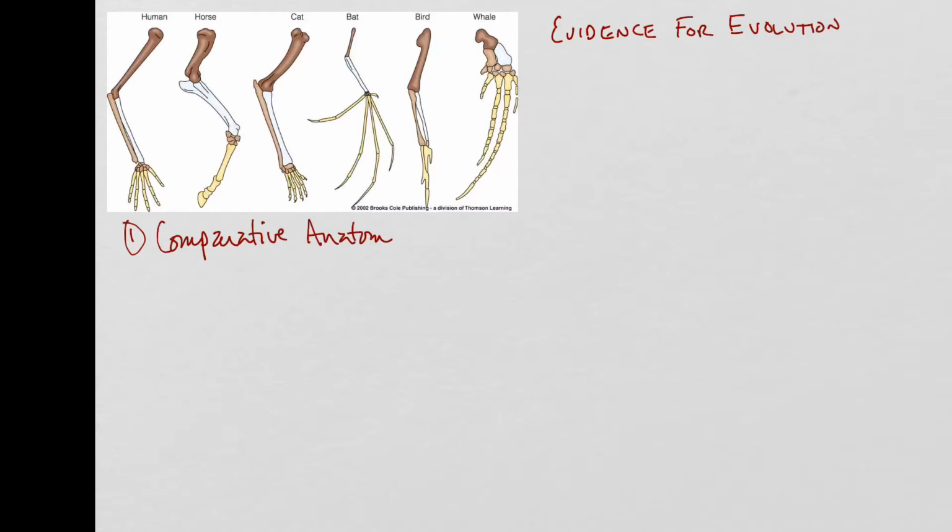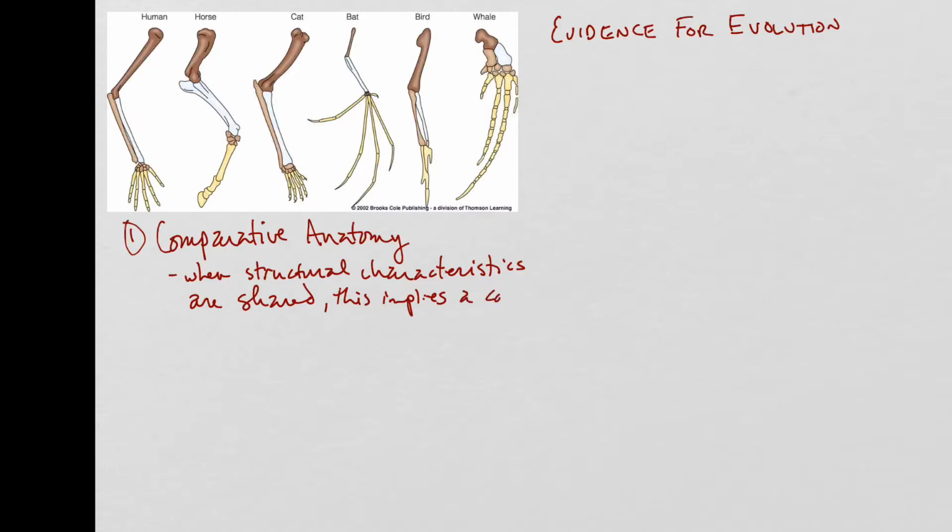And in comparative anatomy, anatomy is all about the structure of a body. When structural characteristics are shared, this implies a common ancestry.